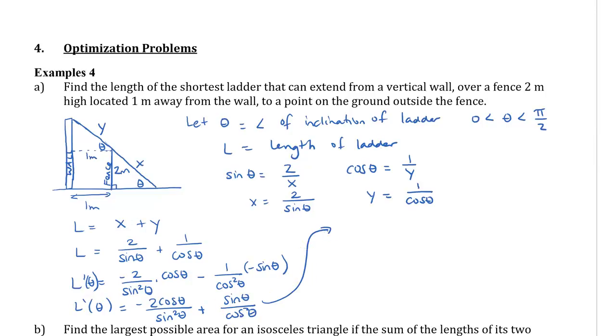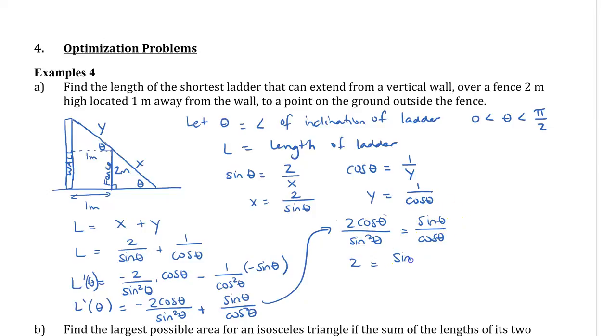Okay, so we need to move over to here. So moving this so that we get a positive, we get 2 cos theta over sine squared theta equals sine theta over cos squared theta. Doesn't look like we can do much, but look, I'm going to manipulate this. I'm going to move my cos and sine squared from the left side by multiplying by sine squared over cos theta. So I'm going to do it to both sides.